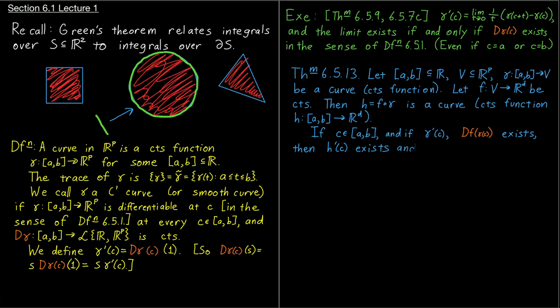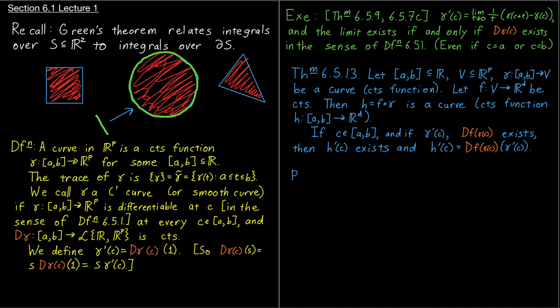And you can write down what it is. h prime of c is df of gamma of c. Remember, df of gamma of c is a linear operator that takes in vectors in R^p and spits out vectors in R^d. So I have to evaluate it, and h prime of c is supposed to be a vector, so I have to evaluate this at the vector gamma prime of c.